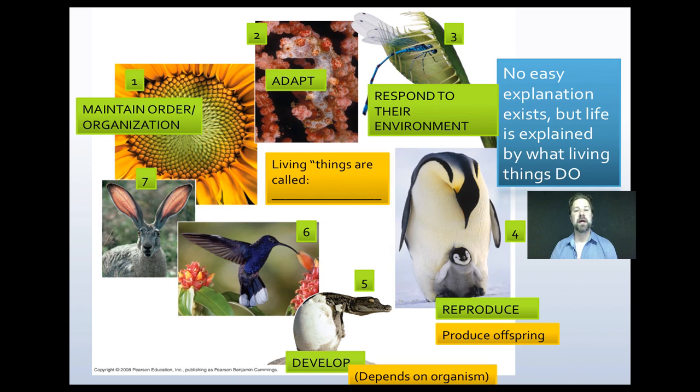So development depends on the organism as far as how much you want to look into development. Some go through a number of stages. Think a frog. Think of the stages that a frog has to go through from egg to tadpole to juvenile and then to adult. Think of an insect, the instars that it has to go through from an egg to a larva to mature insect.